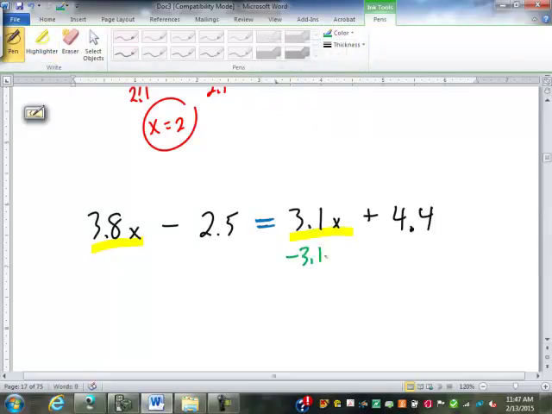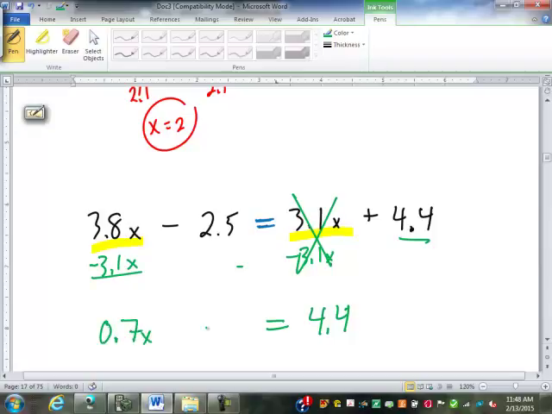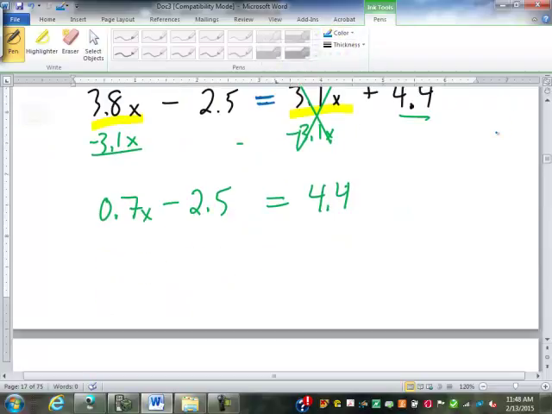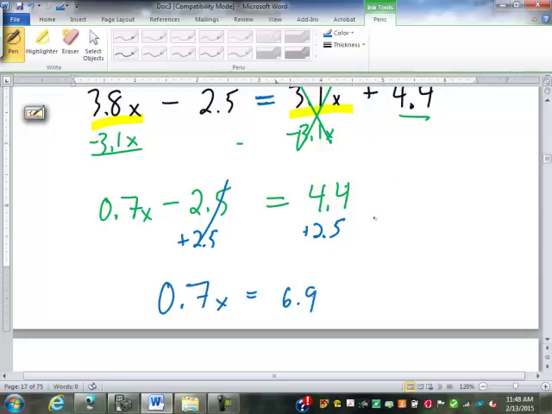So subtract 3.1x. That is gone. Leaves us with just 4.4 over here. We must subtract 3.1x from the other side. You can only take it from the 3.8x. So 3.8 minus 3.1 is 0.7x minus 2.5. Now we're going to solve it by adding 2.5. So 0.7x equals 6.9.